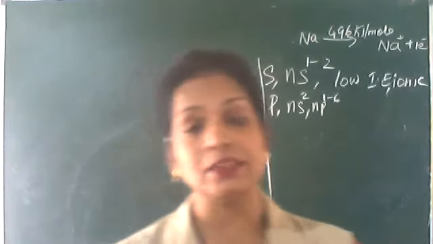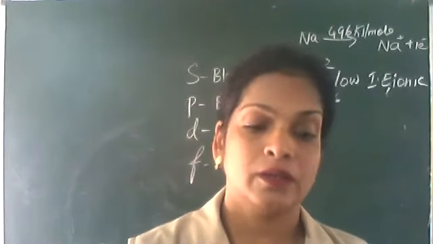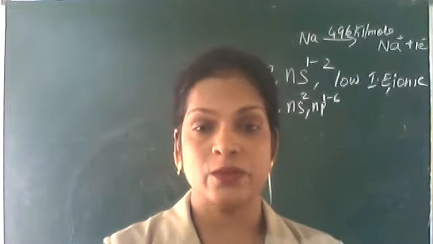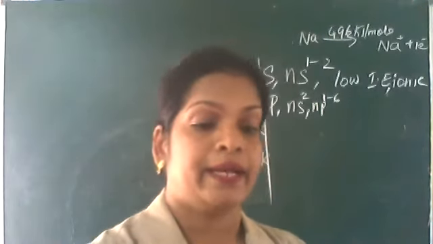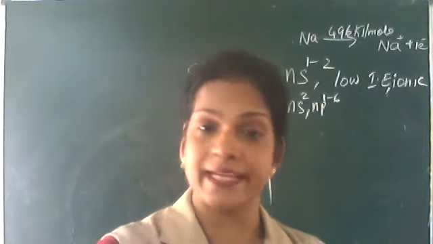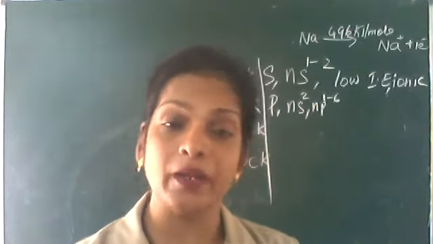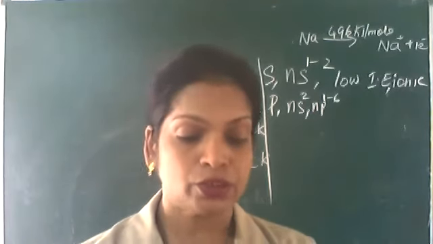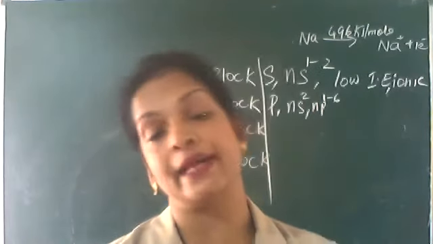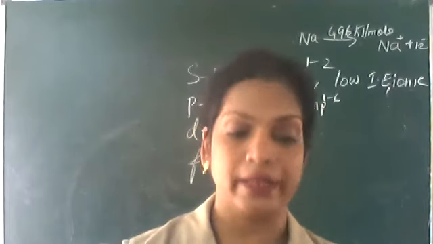This is the last electronic configuration of P block elements. So in the last shell, that ns is filled, that is ns2, then the electron enters to the P orbital. P orbital can contain 1 to 6. So group 13 to 18, they are P block elements.